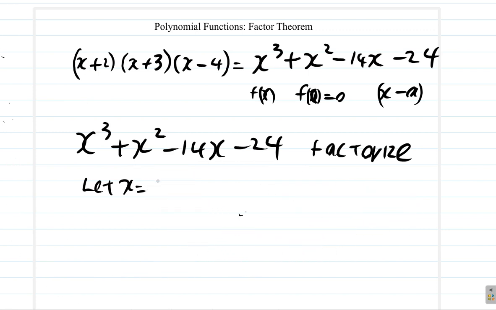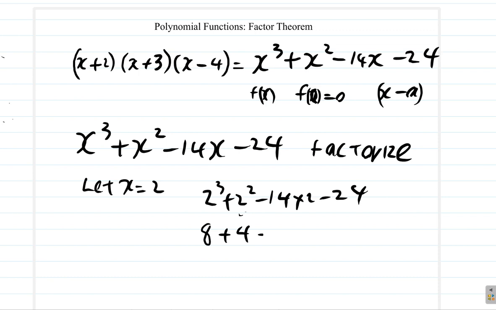Let x equal 2. So you have 2 cubed plus 2 squared minus 14 by 2 minus 24. 2 cubed is 8 plus 2 squared is 4 minus 14 times 2 is 28 minus 24. 8 and 4 is 12. 12 minus 28 minus 24.